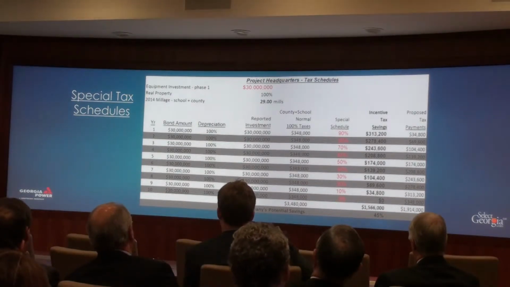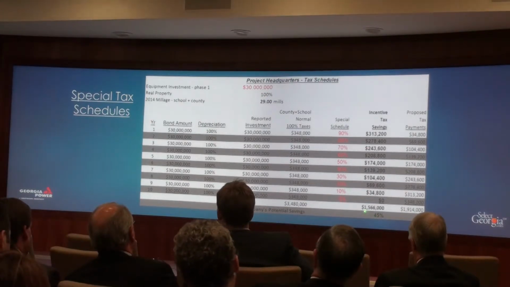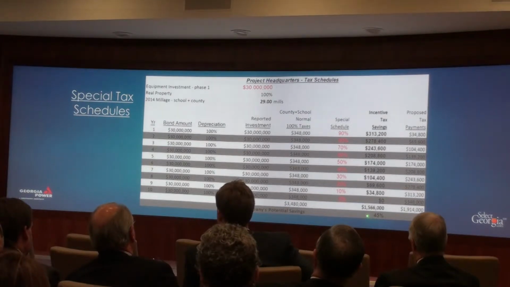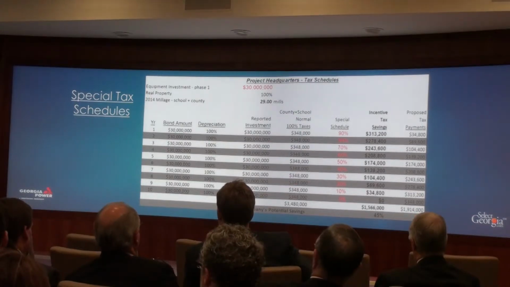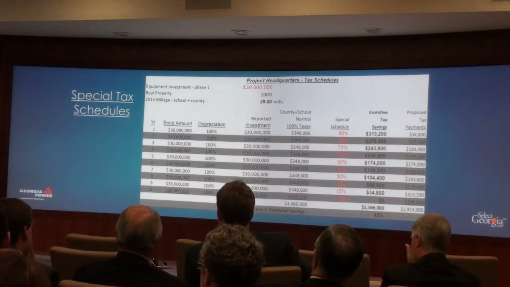If you see, Wally, in this case, the schedule stayed the same, the investment stayed the same, but because there's no depreciation, the company's actually only saving 45% of their normal full tax bill, and they're paying 55%. So another takeaway that your leadership is going to be most interested in, and especially your school board, because both examples have the same millage rates.